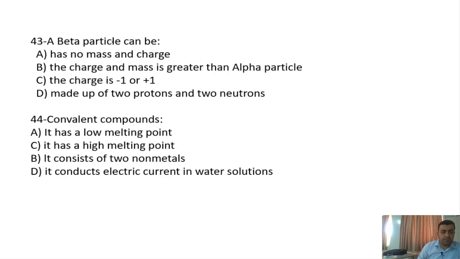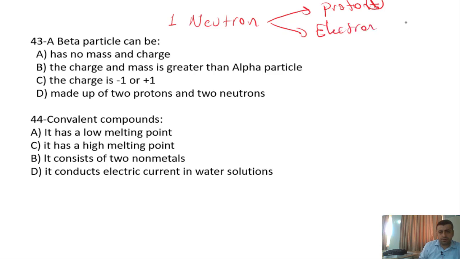Beta particle: one neutron changes into one proton, that means positive charge, and one electron, which is negative charge.